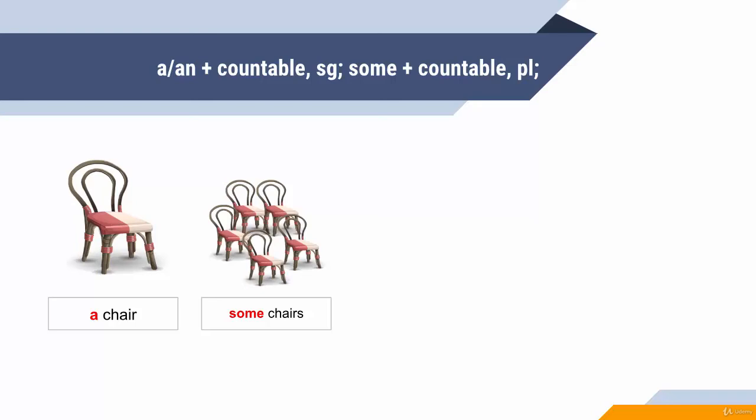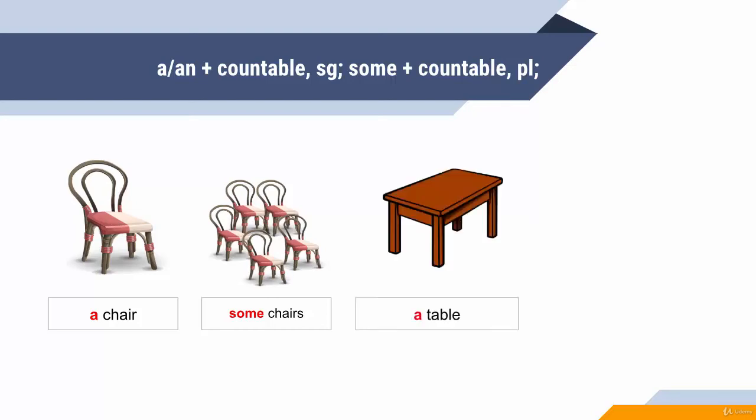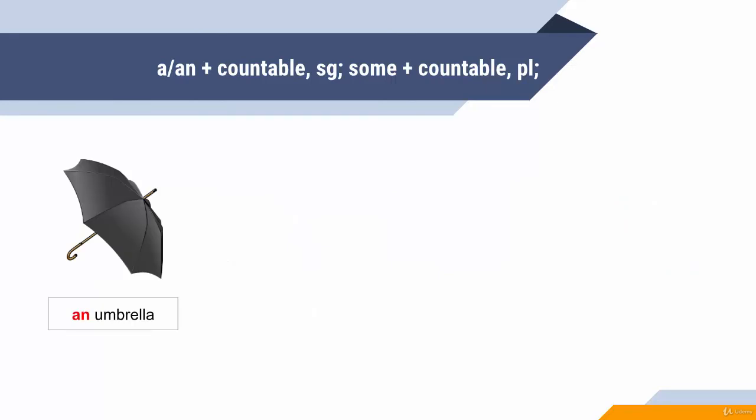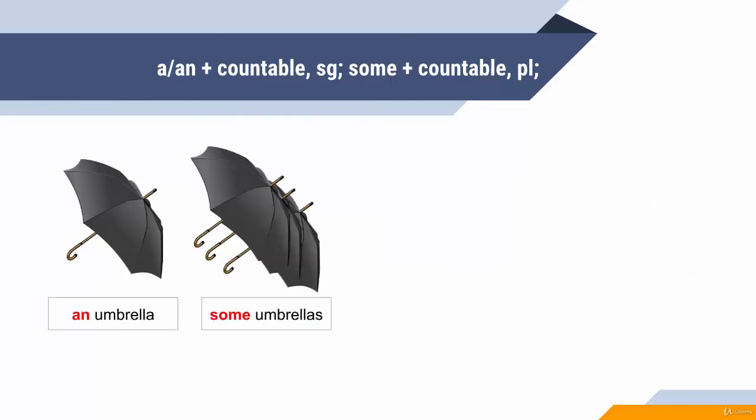So, a is used with the countable noun singular. Some is used with the countable noun in plural. The same, a table, countable noun singular, some tables. Countable noun plural. Here is another example. An umbrella, some umbrellas.